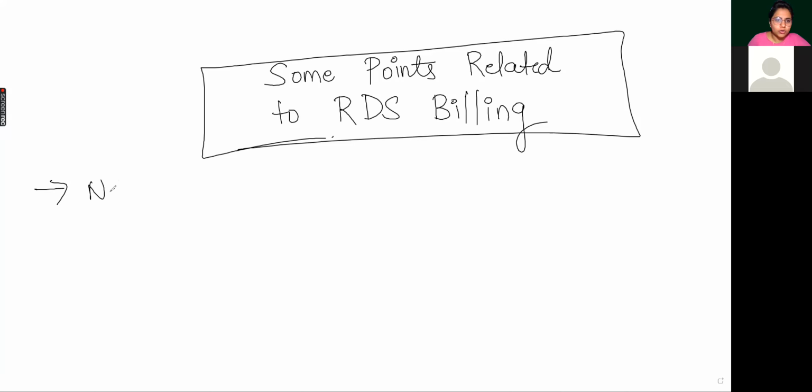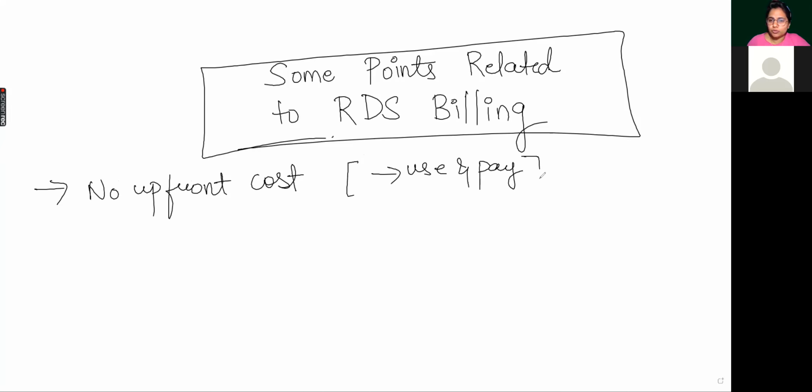First is no upfront cost. It means there is no previous investment you have to make when you want to use the RDS service. It's use and pay: as you use the service, you have to pay. Before using the service, you don't have to pay any cost. That is known as upfront cost.